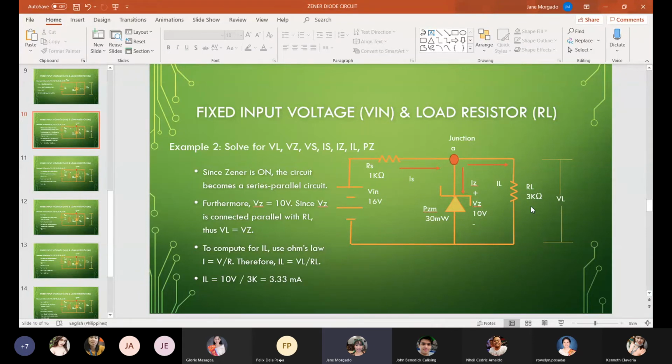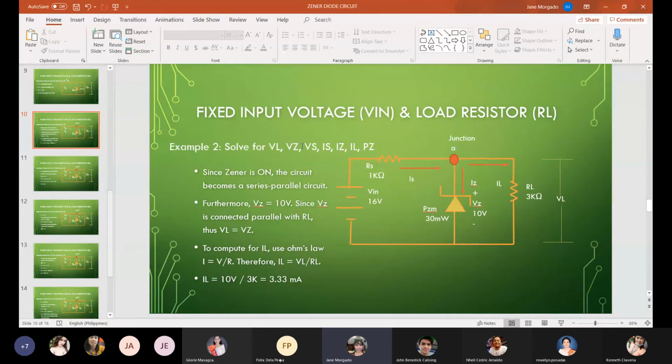Okay, so using Ohm's law, we can determine the load current equal to 10 volts over 3K is equal to 3.33 milliampere. So, ang nagpo-flow ng current through RL is equal to 3.33 milliampere. Okay. So, meron na tayong sagot for IL. May sagot na rin tayo for VZ and VL.